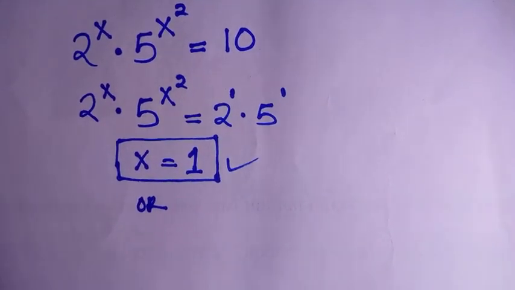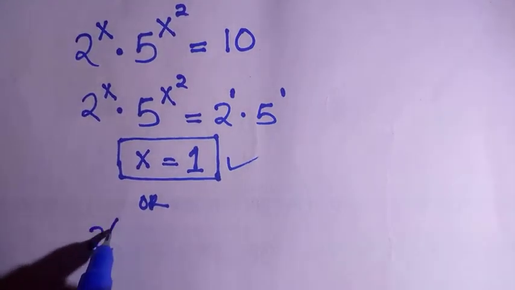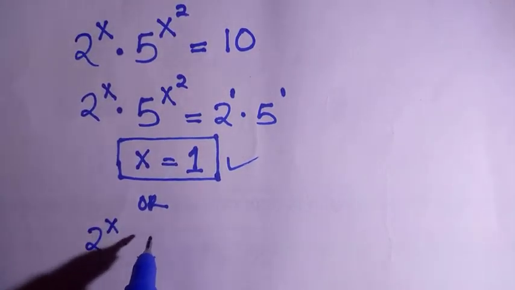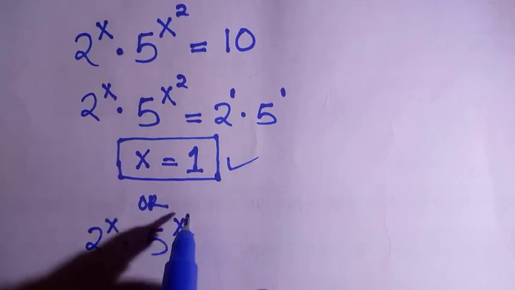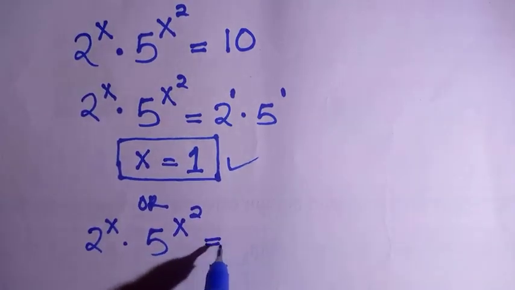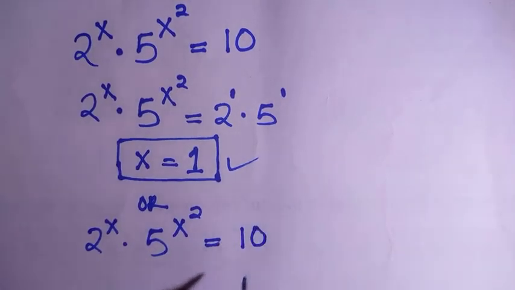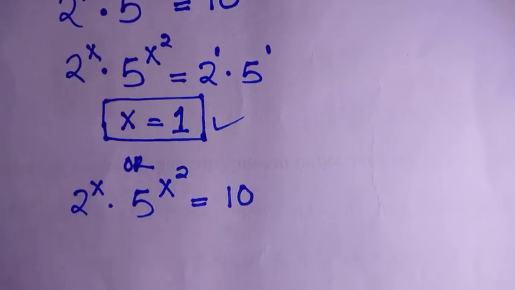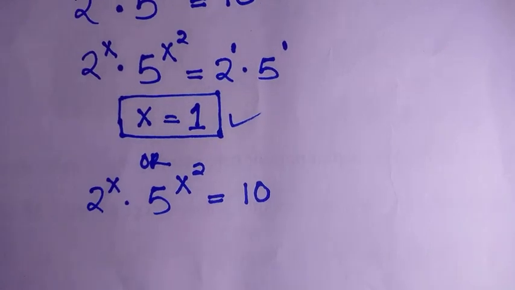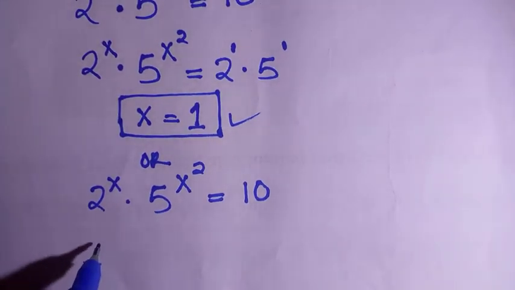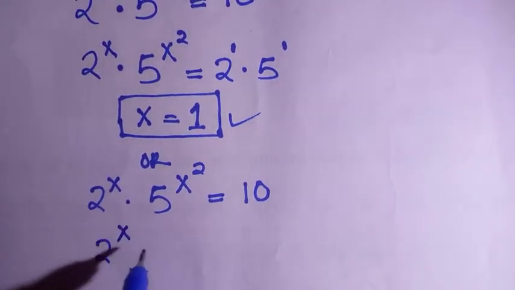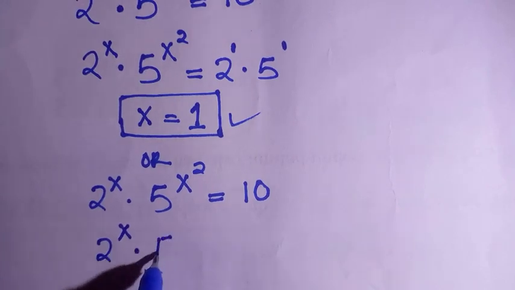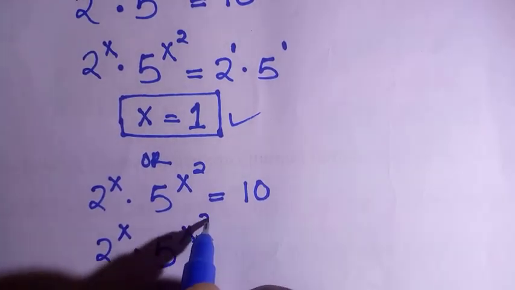Here we have 2 to the power of x dot 5 to the power of x raised to the power of 2 equals 10.